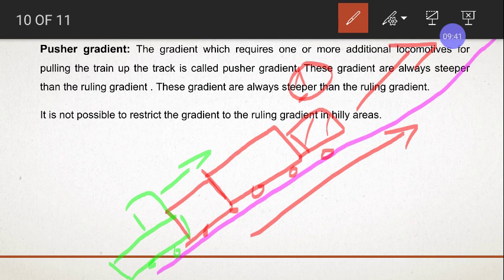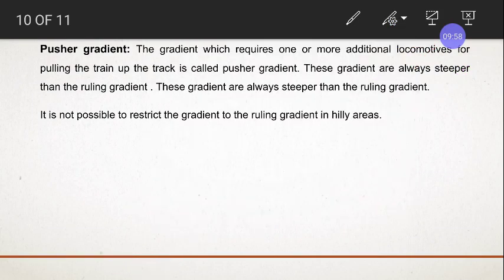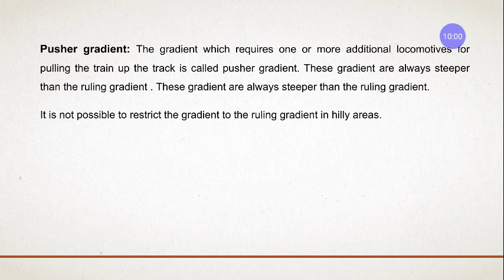The gradient on which we provide a pusher engine or pusher vehicle to push the train, such a gradient is called a pusher gradient. Those gradients are exceptional. We can't provide it everywhere, right? The gradient which requires more than one additional locomotive for pulling the train up the track is called a pusher gradient.